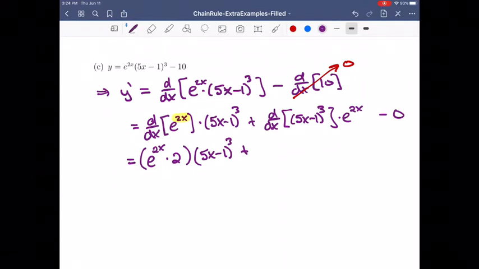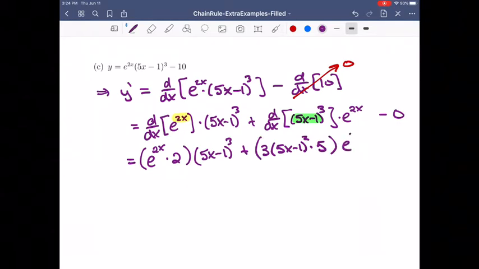Now over here, my inside function is 5x minus 1. So the derivative of something cubed is 3 times something squared, multiplied by the derivative of the something, which gets multiplied by 5, and that's times e to the 2x.